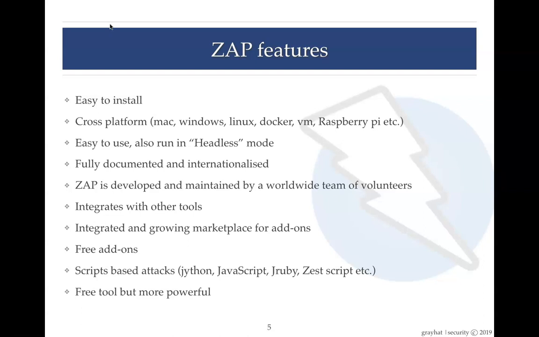There are script-based attacks as well, where you can script in Python, Jython, which is the Java version of Python, JavaScript, JRuby, and Zest script as well. Zest script is so powerful that you can record everything, put it on the other side, capture the cross-site request forgery or CSRF token, and just replay that using ZAP.